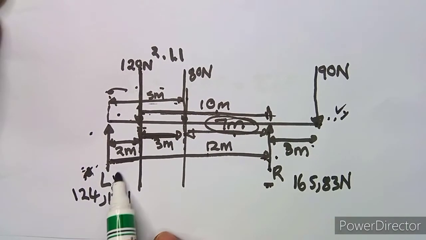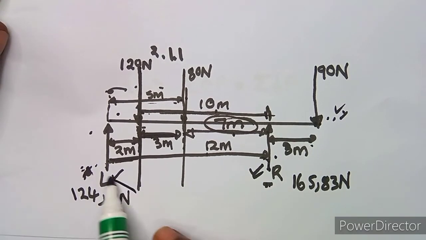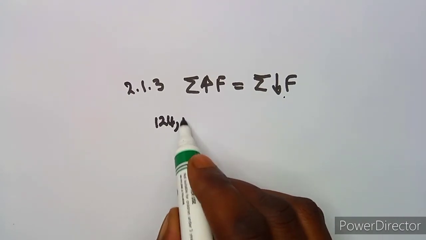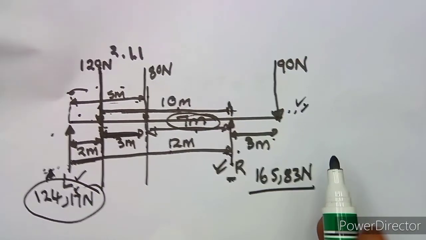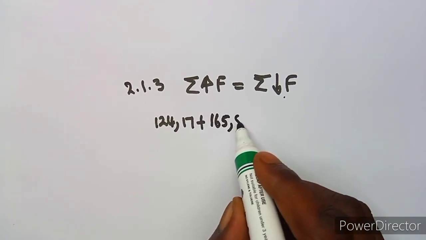So F up, which means these ones which are going upwards, is L and R in this case, these 2. So it's 124,17 plus, summation means you are adding, sum of, plus 165,83, like that.